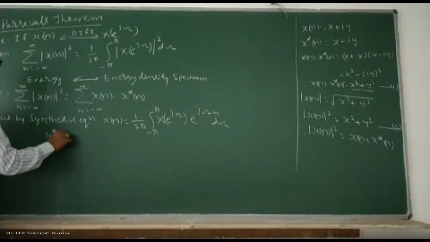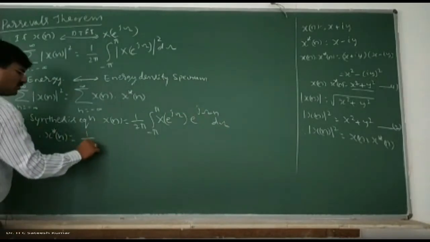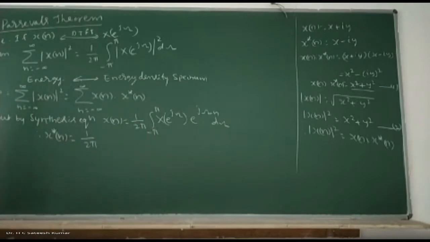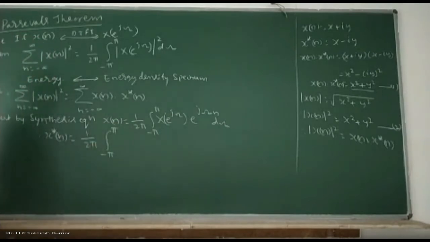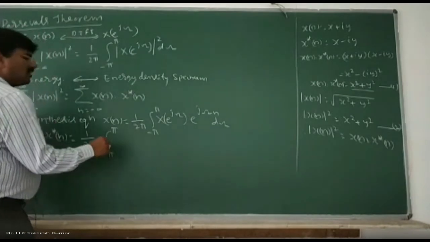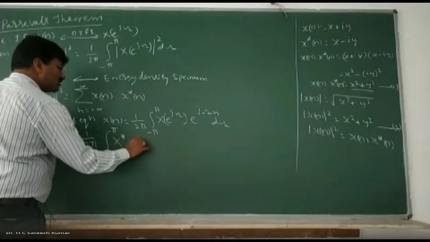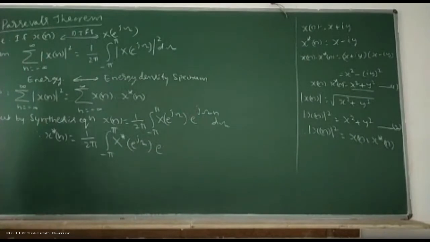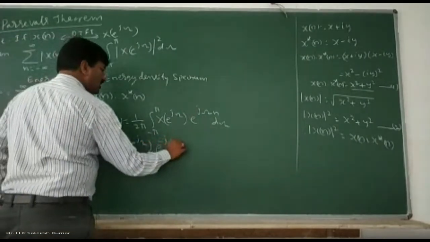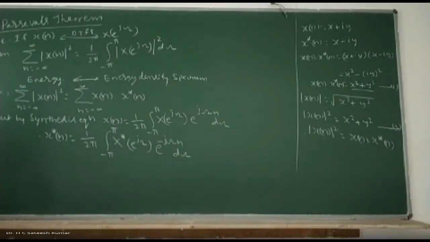X star of n is equal to, take the complex conjugate: 1 over 2 pi into integration from minus pi to plus pi, x star of e to the power of j omega into the complex conjugate of e to the power of j omega n, which is e to the power of minus j omega n, into d omega. Now you substitute in this equation.